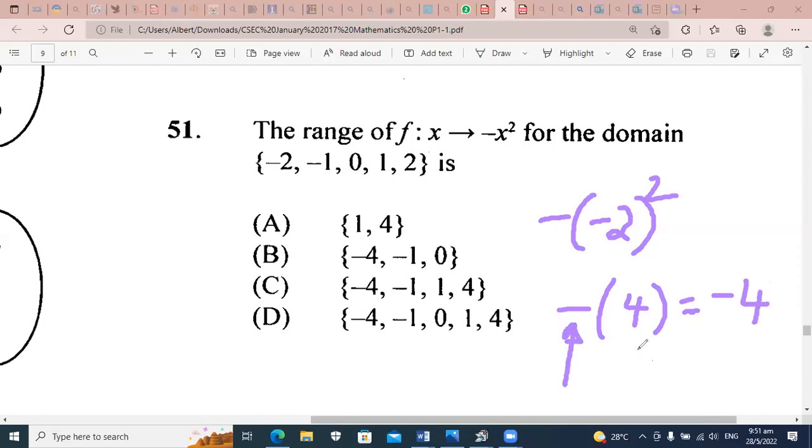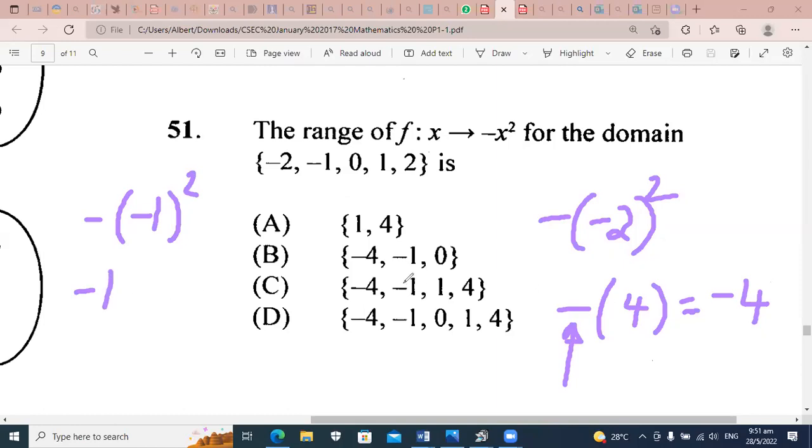All right. And then when you put in -2, then you put in what? -1. So it will be negative and -1 square. So you write that negative there. And -1 square is 1.